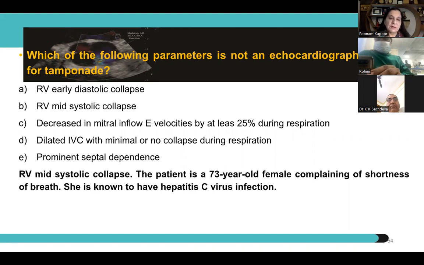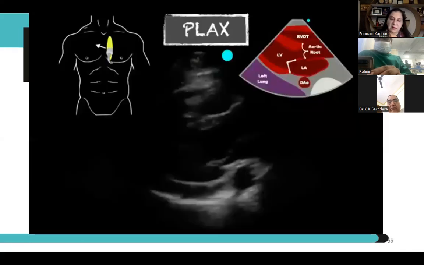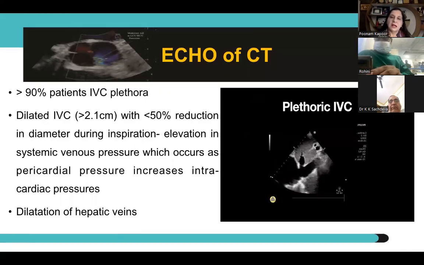A decrease in the mitral E velocities by at least 25% during respiration, and a dilated IVC and prominent septal dependence. Septal dependence is there, dilated IVC is there. The mitral inflow velocities would increase during respiration. This decrease along with the mid-systolic collapse are answers which are not there.